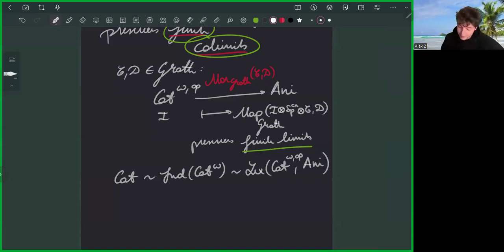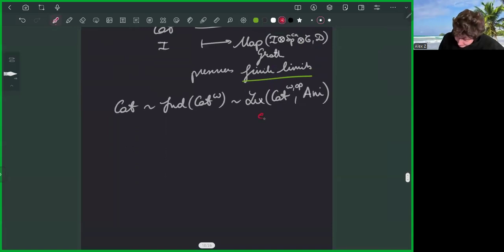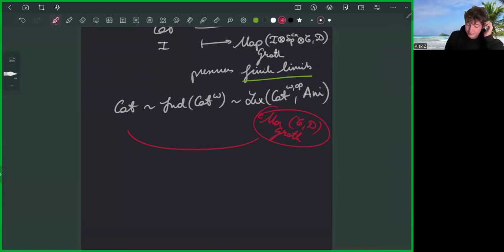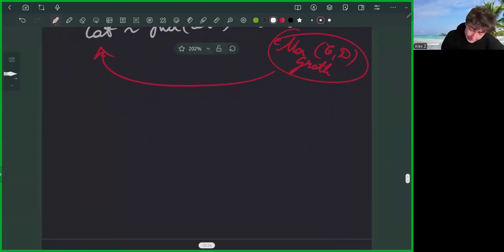In particular, our morphism object will live in these left exact functors, and therefore this thing also lives as a category.